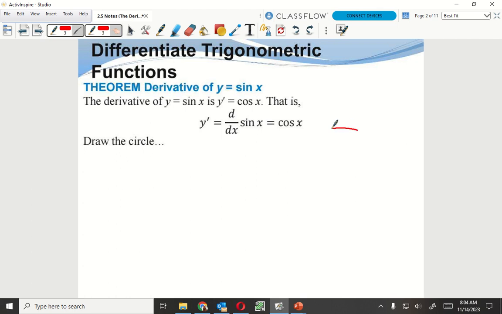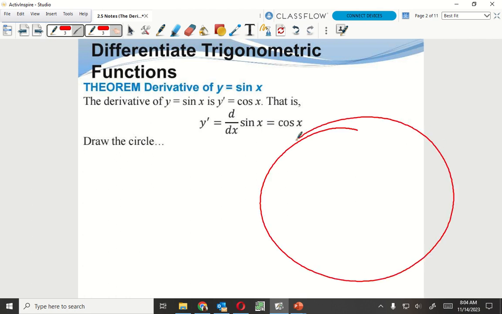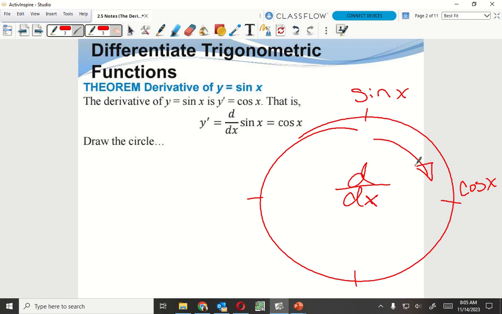Let's see. There you go. All right, so I have the circle. Sine x, cosine x. Ready?